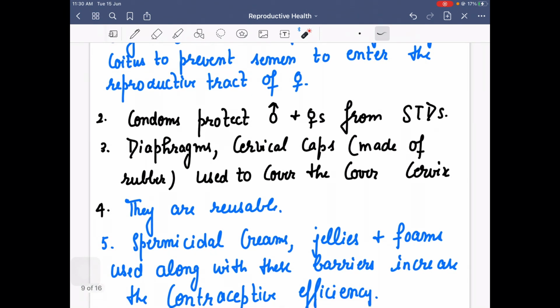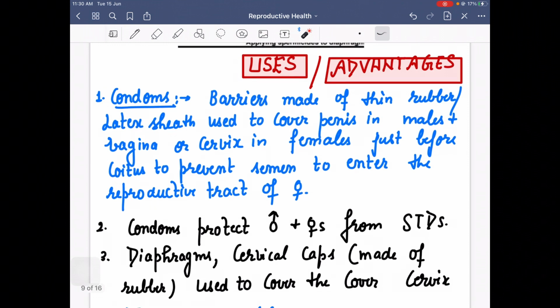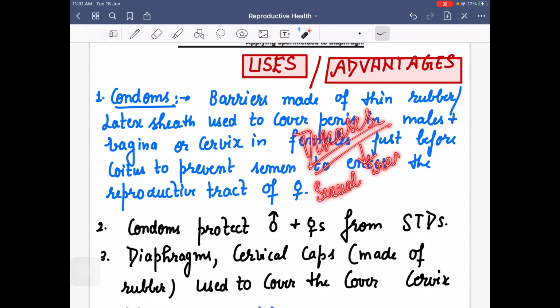Condoms also protect when, suppose, you don't know much about your sexual partner, and there can be transmission of diseases from one partner to the other during sexual intercourse, and these diseases are known as sexually transmitted diseases.